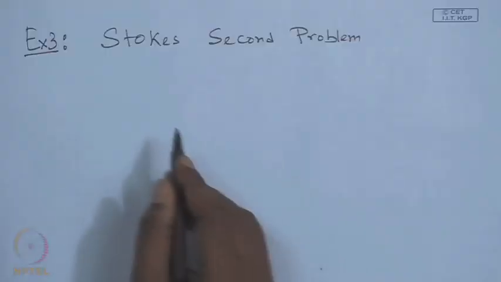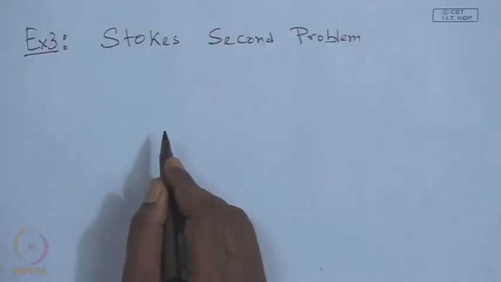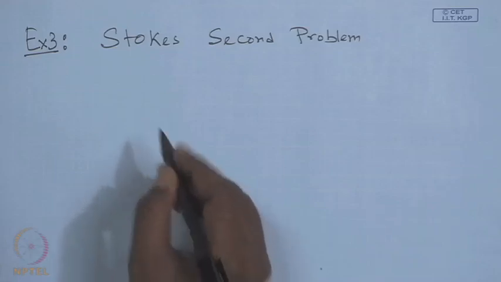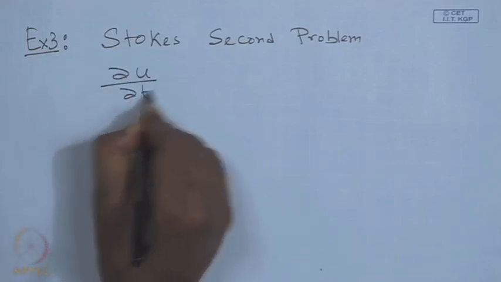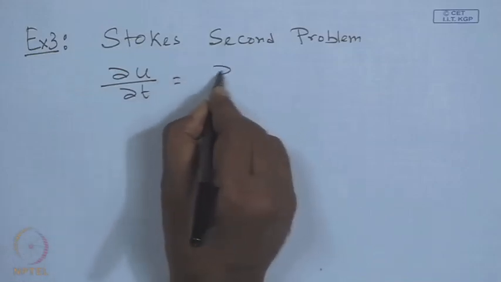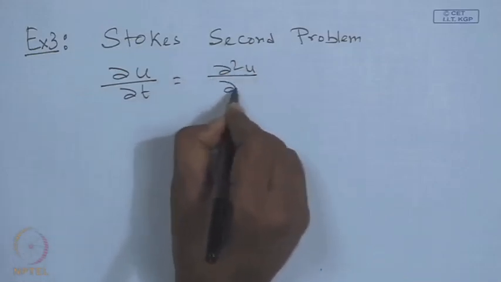So, what is the difference between the first problem and second problem? In Stokes' first problem, the plate starts moving with uniform velocity in the forward x direction with the velocity u naught, but in the second problem it starts executing a simple harmonic motion. So, we would like to find out the velocity profile within the boundary layer. So, the governing equation is del u del t equal to del square u del x square.